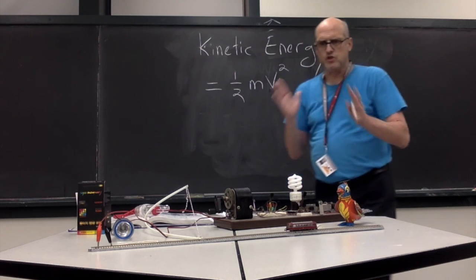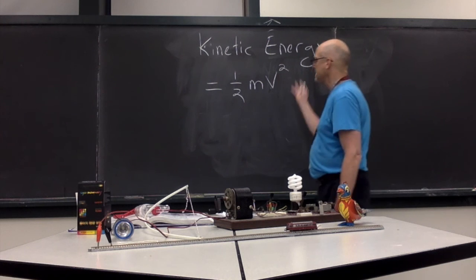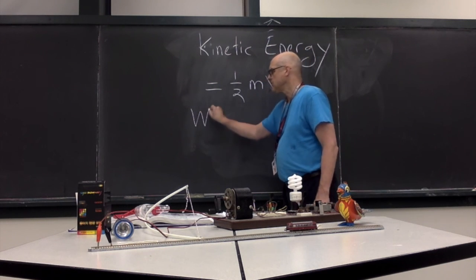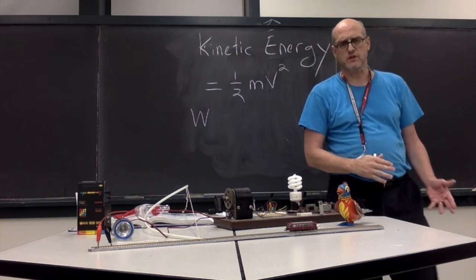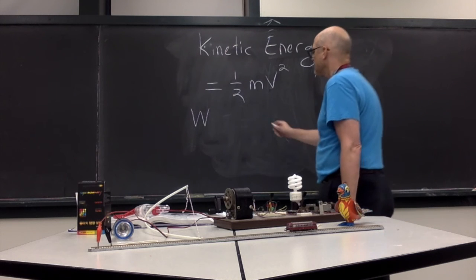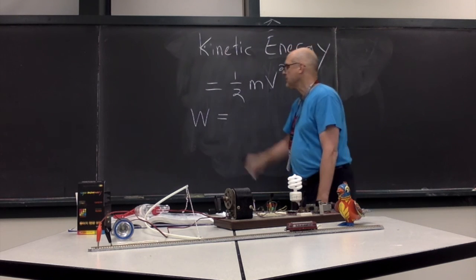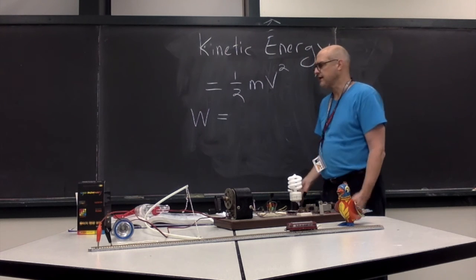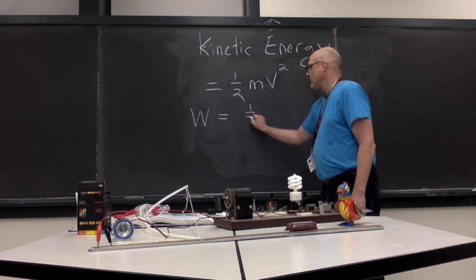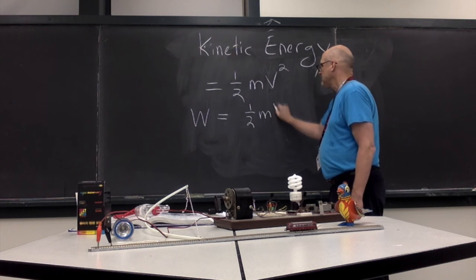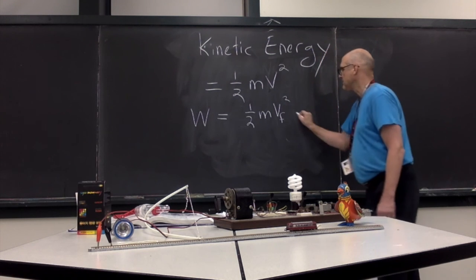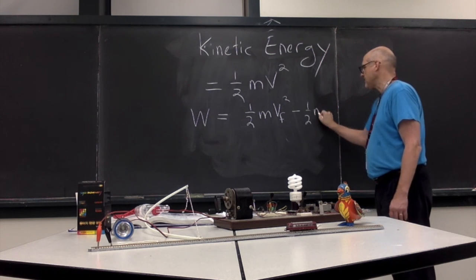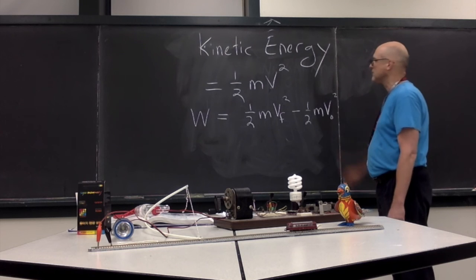Now, the relationship between work and kinetic energy is known as the work-kinetic energy theorem. And it states that the work is equal to the change in kinetic energy. So you would have 1/2 m v_f squared minus 1/2 m v_o squared.